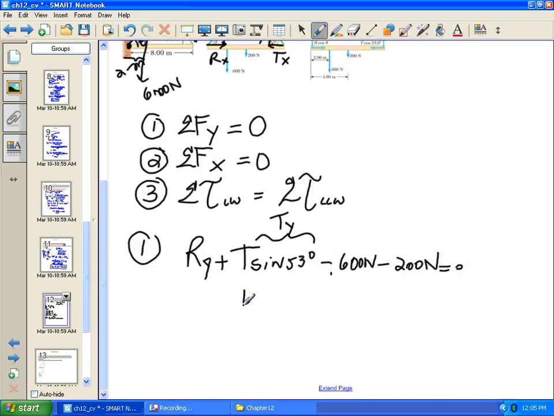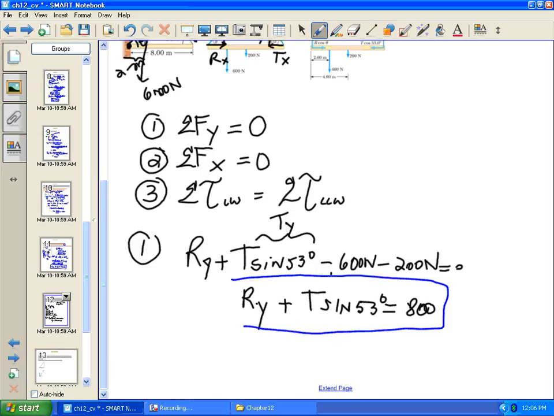So this equation yields Ry plus T sine of 53 is equal to 800 newtons. I'm having a little bit of trouble writing, so sorry if this is going to hurt your ears, but I have to get the pencil here because that seems to be a little bit smoother to write with.